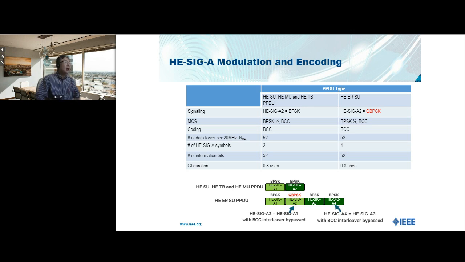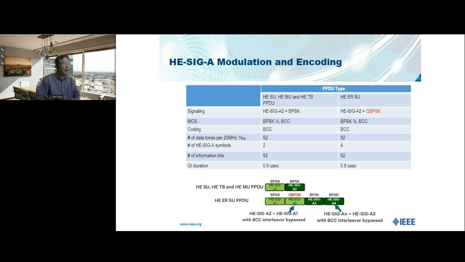However, to increase the diversity, it's not a simple repetition. For A3 we change the interleaver scheme. A3 uses the same interleaver, A4 has the interleaver bypassed, so that the repetition in A3 and A4 doesn't have the exact same bit pattern.